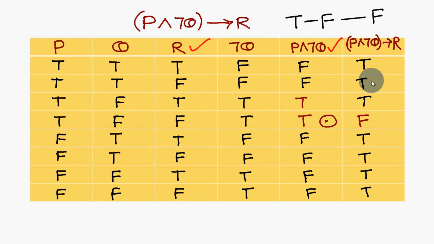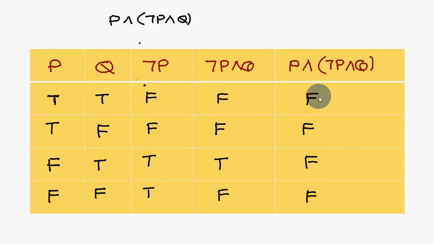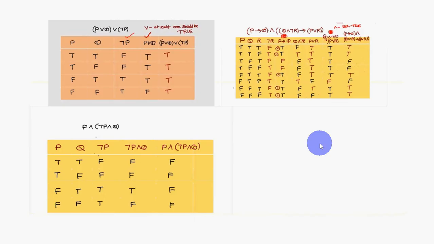Next if you consider this one, it is a mix of both true and false, therefore this is a contingency. This is also mixed of both true and false values. Now you consider this one, all are false, therefore it is a contradiction.